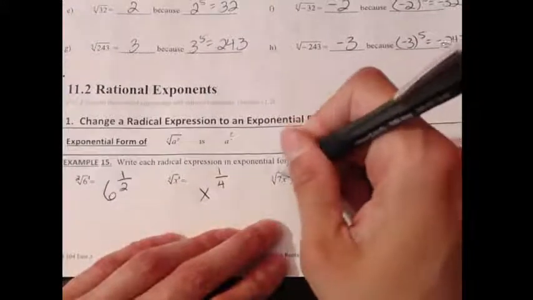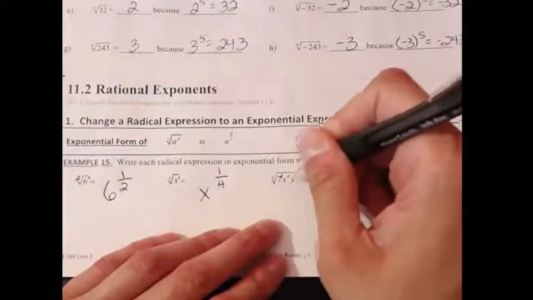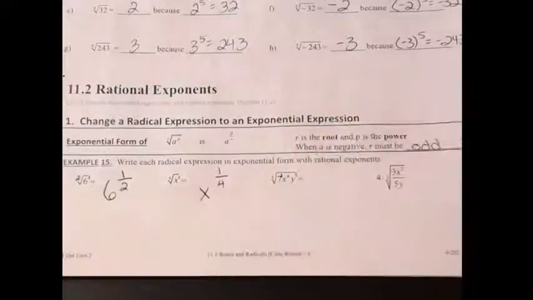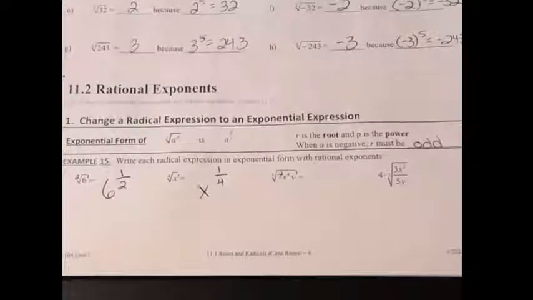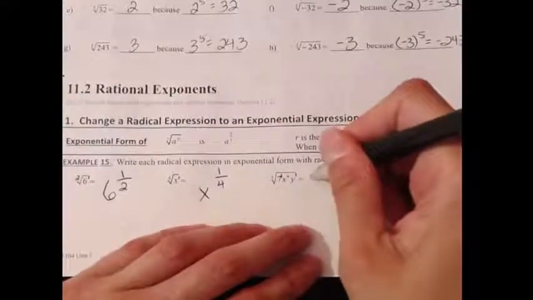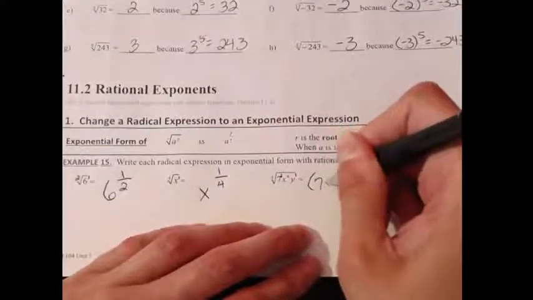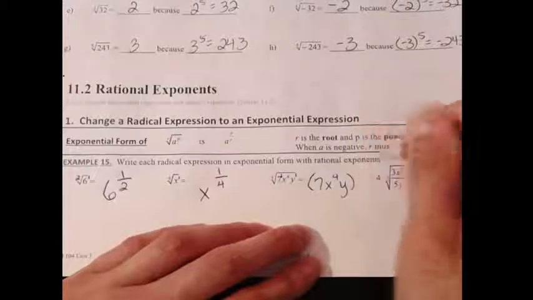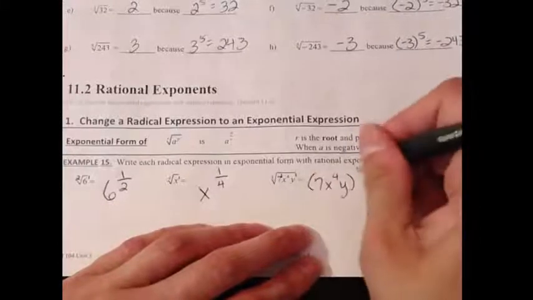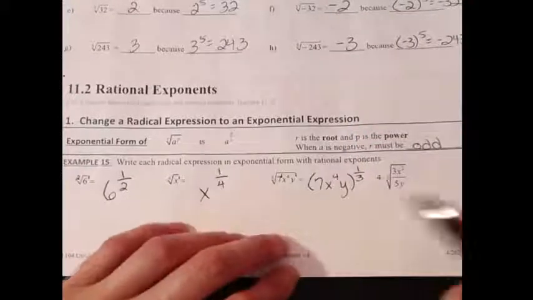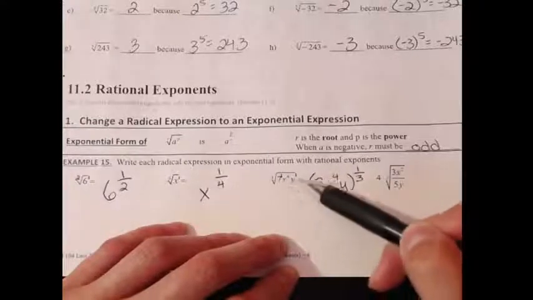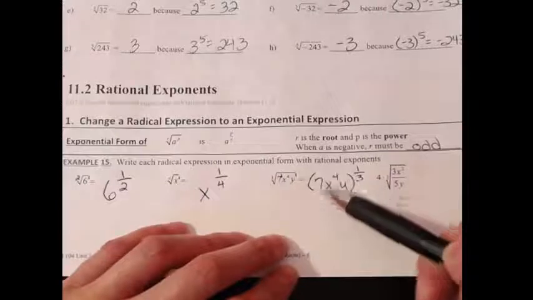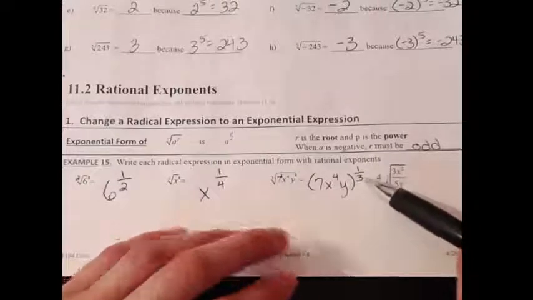We have 7 to the first power, x to the fourth power, y to the first power. So interestingly enough, we can write this in one of two ways. The first way is to say that my radicand, which is 7x to the fourth y, is going to be raised to the 1/3 power. Imagine here that if I place this radicand in parentheses, this is all being raised to the first power, power over root.